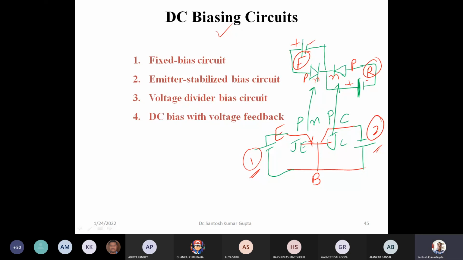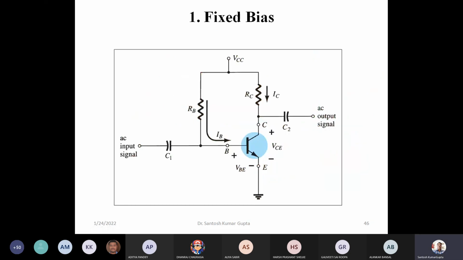We will take these biasing circuits one by one and try to understand them. The very first biasing circuit is the fixed bias circuit.